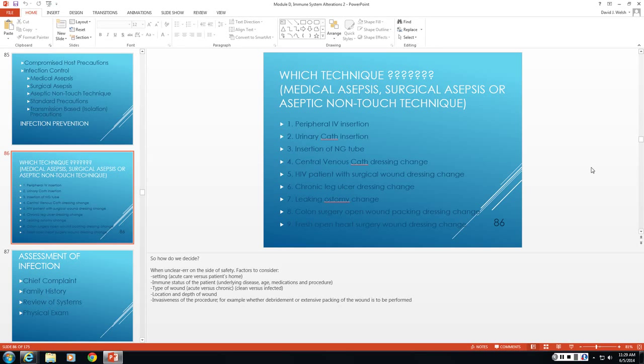Medical asepsis. Urinary cath insertion would be what? Medical asepsis. Insertion of NG tube. Aseptic non-touch technique, right? Central venous catheter dressing change. Medical asepsis. HIV patient with a surgical wound dressing change.